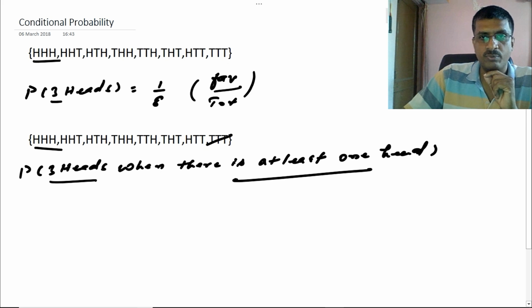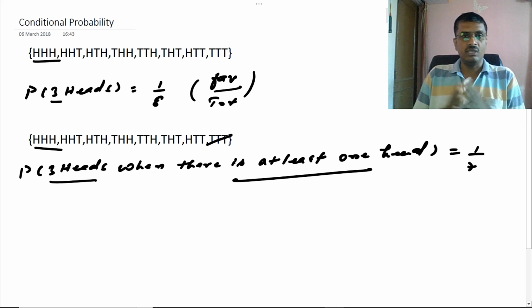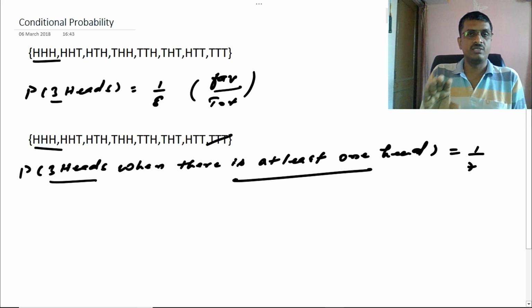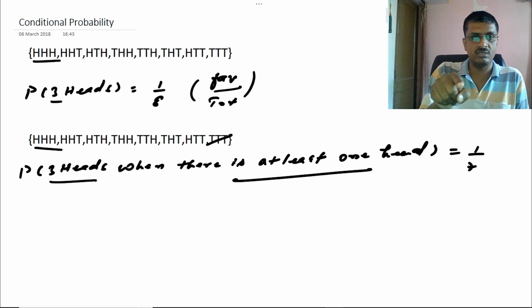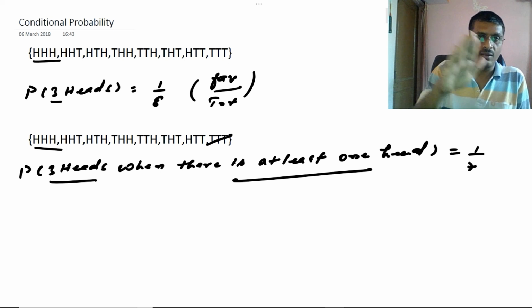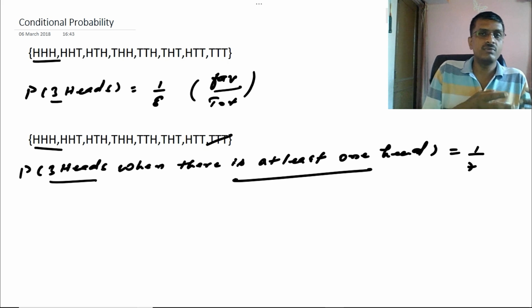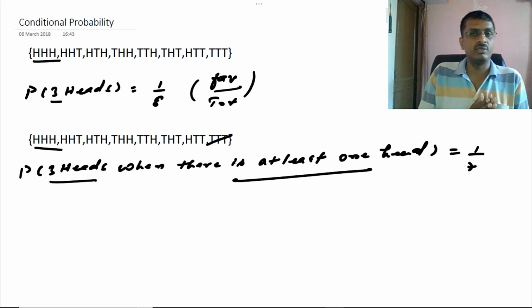So in this case, the probability would be 1 upon 7. What we have done here is, according to the given condition, we modified the sample space. There was one element in the sample space which was not satisfying the given condition, so we strike it off. From the remaining, we counted them, there were 7 elements. We saw how many were satisfying the required probability of 3 heads. 1, so probability is 1 upon 7.